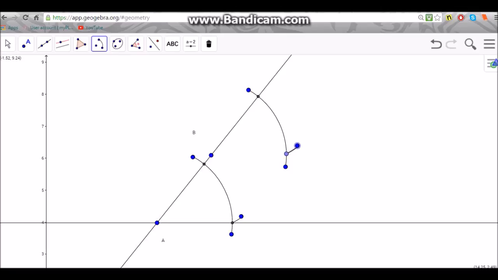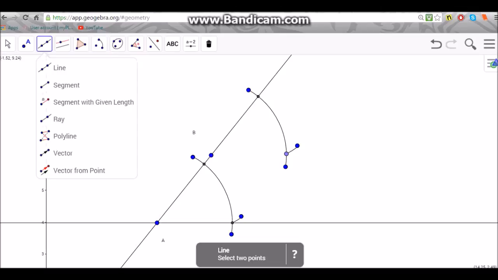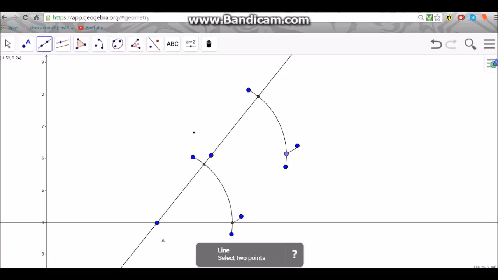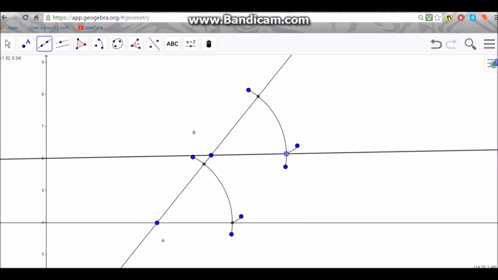This allows you to know the points that you are going to make your line on. And so then you're going to create your line, and it's going to run through point B and the second point that you've made here, and that's how you make a parallel line.